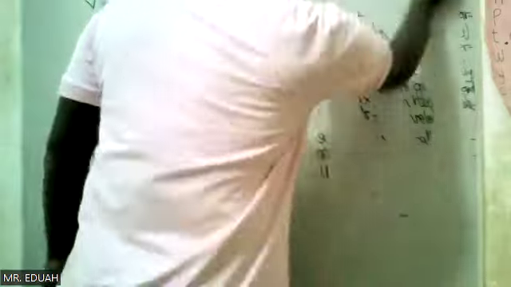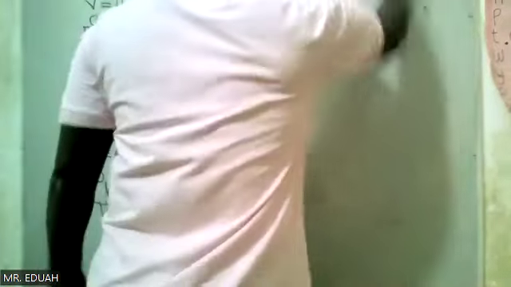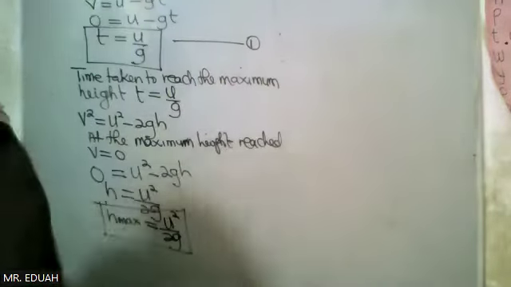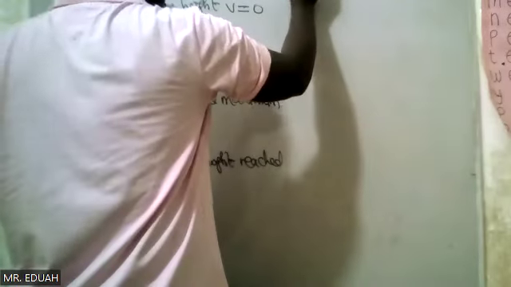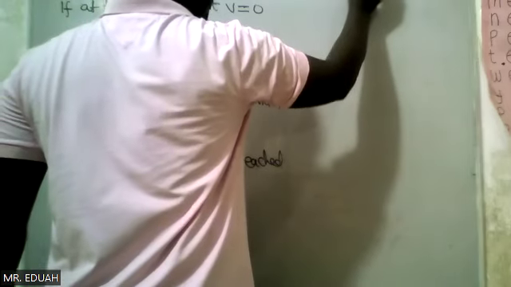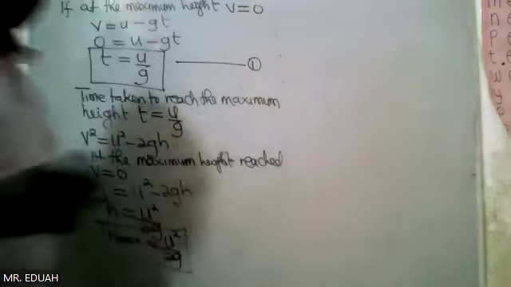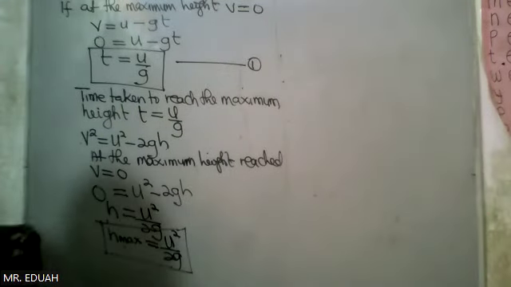When I look at the second equation, H is equal to UT minus half GT squared.